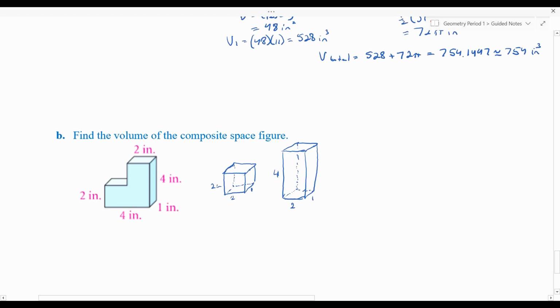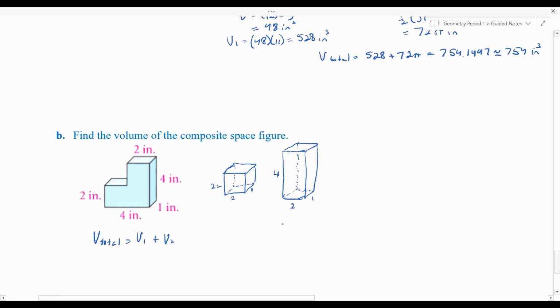Alright, so again, we're just going to say that the volume total equals volume 1, and I'm just going to write it on this other side. Volume total equals volume 1 plus volume 2.